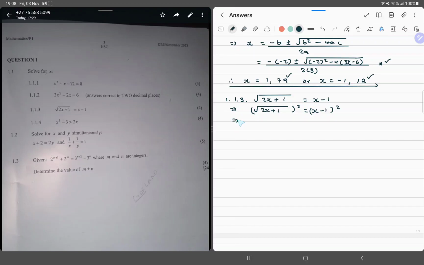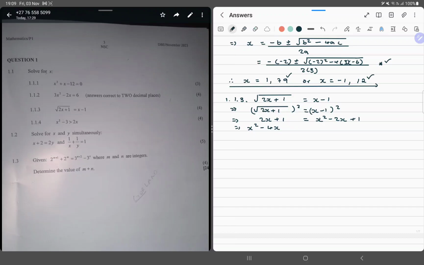Okay, this implies that we've got 2x plus 1 is equal to x squared minus 2x plus 1. This implies we just take this to that side and rearrange. X squared minus 2x is going to be minus 2x again, but I don't like to do unnecessary steps here. When you transpose this, minus 2x is going to be minus 4x.